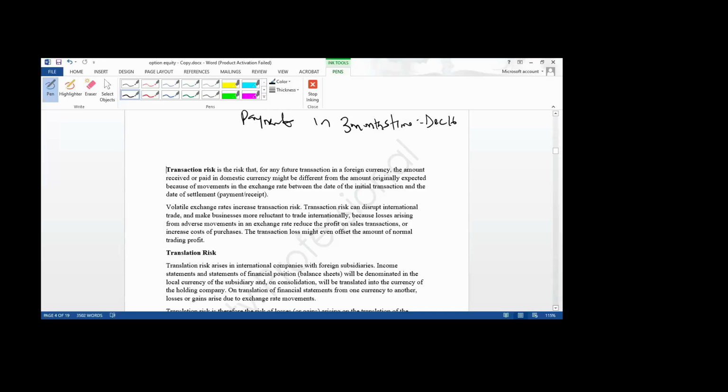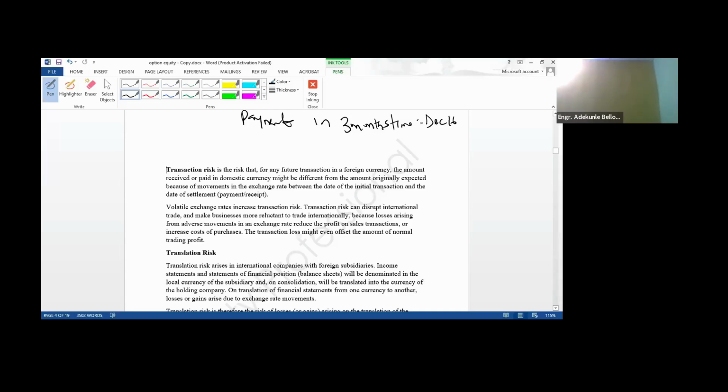When we want to estimate the transaction risk, are we going to use purchasing power? I've moved from there. No. So how do we estimate the transaction risk? That's the question.